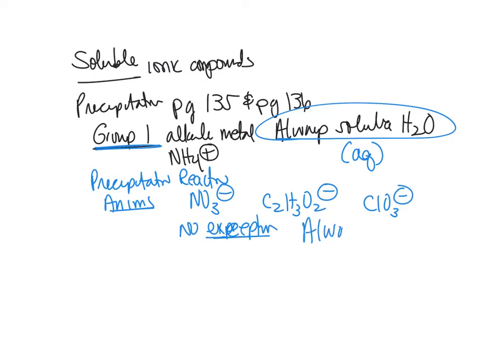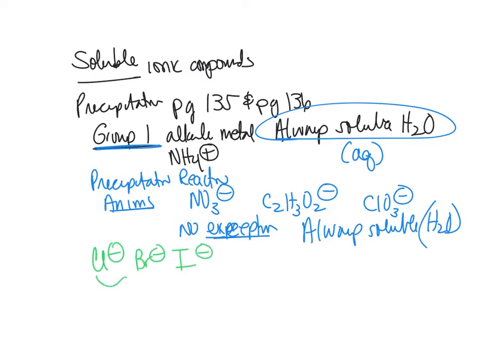These are always soluble in water. And then you have chloride, bromide. These are your halogens, the negative ones. These are going to be soluble unless they're with these three: silver, lead, and mercury.